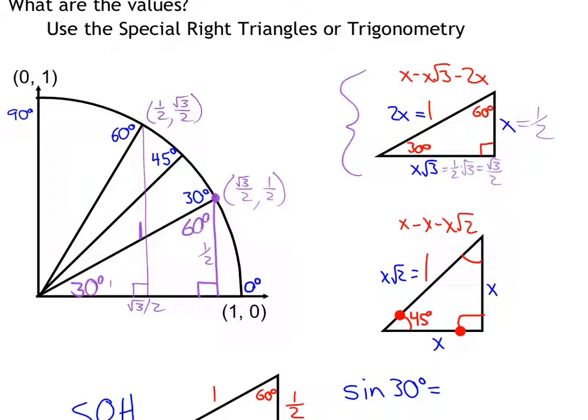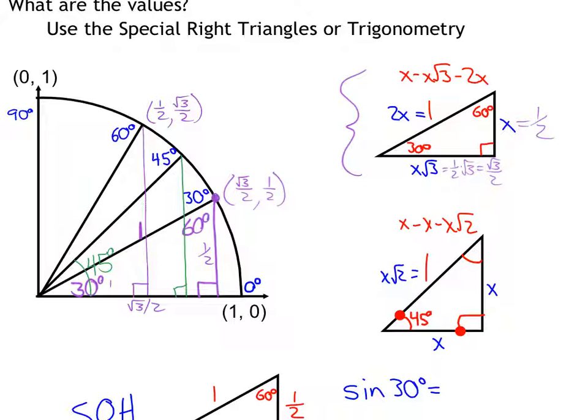Now, 45-45-90. Let me change colors here. Let's do green. If I have the 45-45-90, what do we also call this kind of triangle? Well, yeah, it's a right triangle.